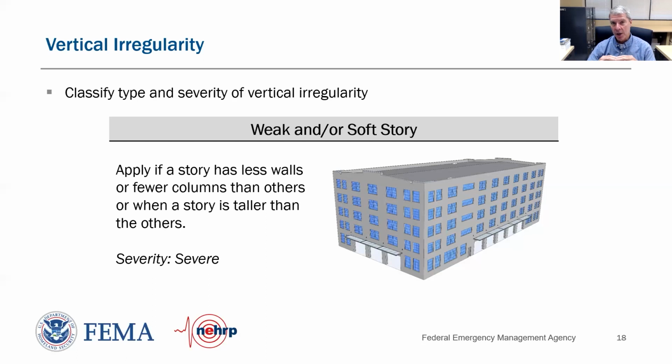Our forces accumulate and have to flow to the foundation level, so they're higher at the base of the structure, and we've weakened the structure as a result. Those aren't two good conditions. Highest forces, weaker section, it could be a potential for building collapse. So in this case, it's recorded as a severe vertical irregularity and scored as such, no matter what building type you have.